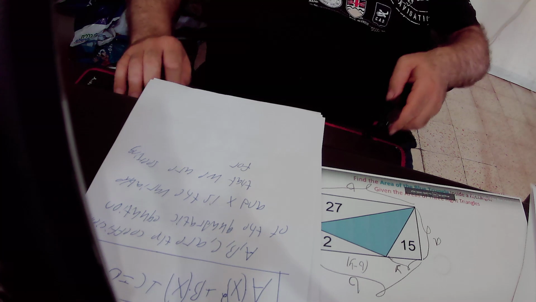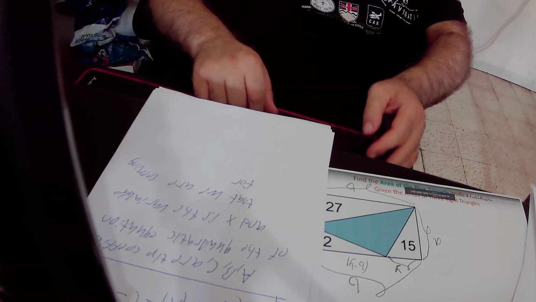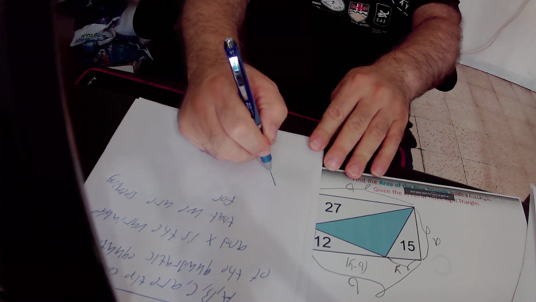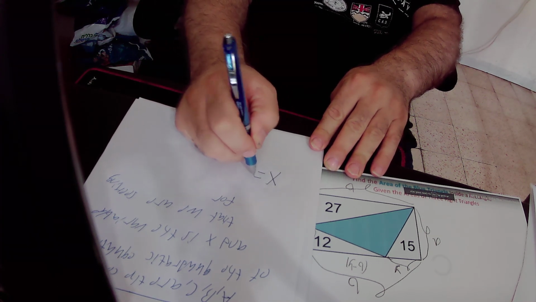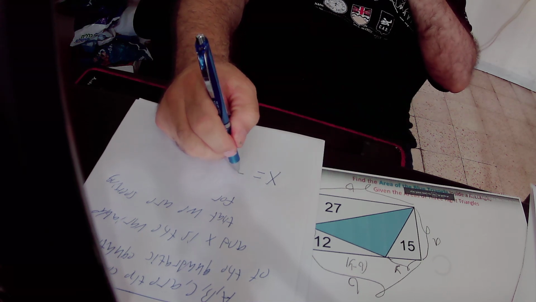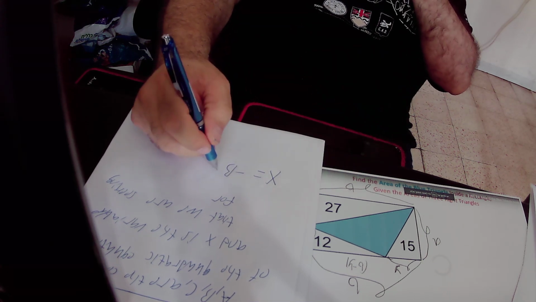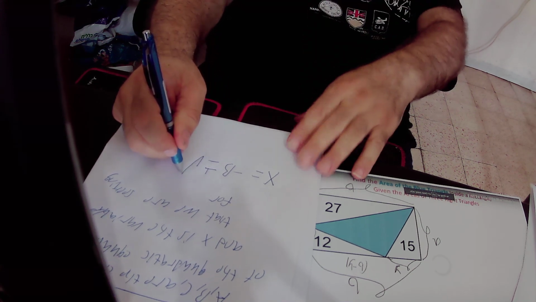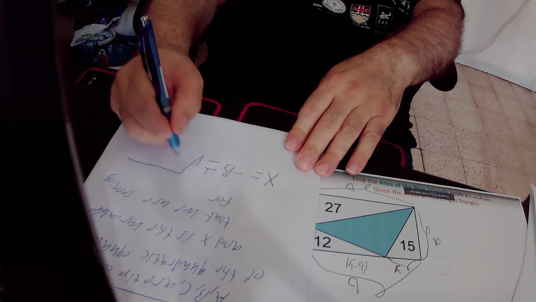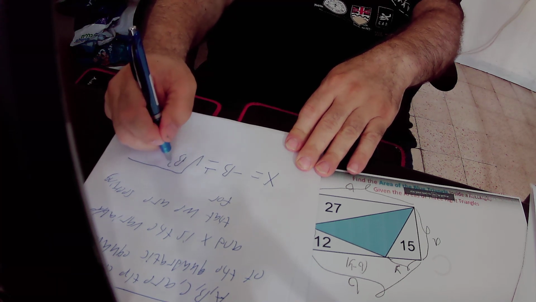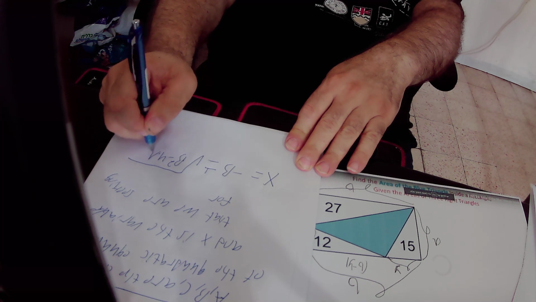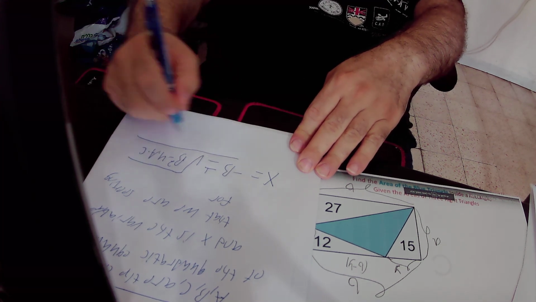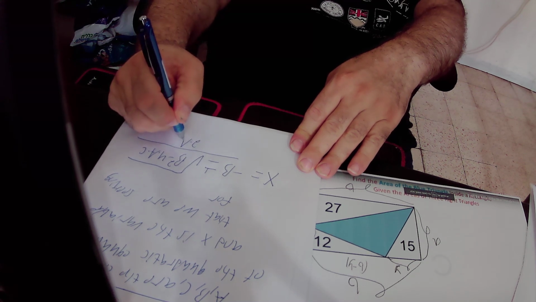The special equation for x is x equals minus b plus minus the root of b squared minus 4 times a times c, divided by 2 times a.